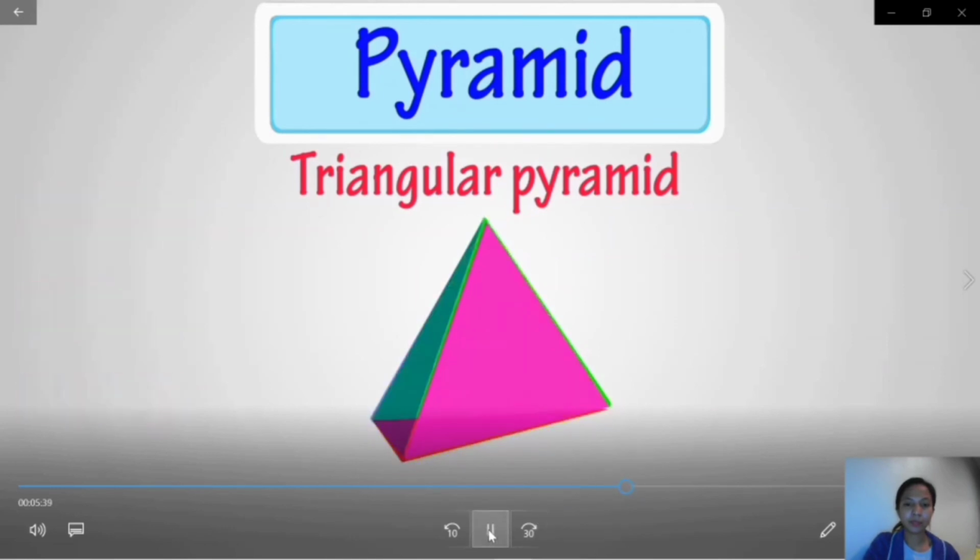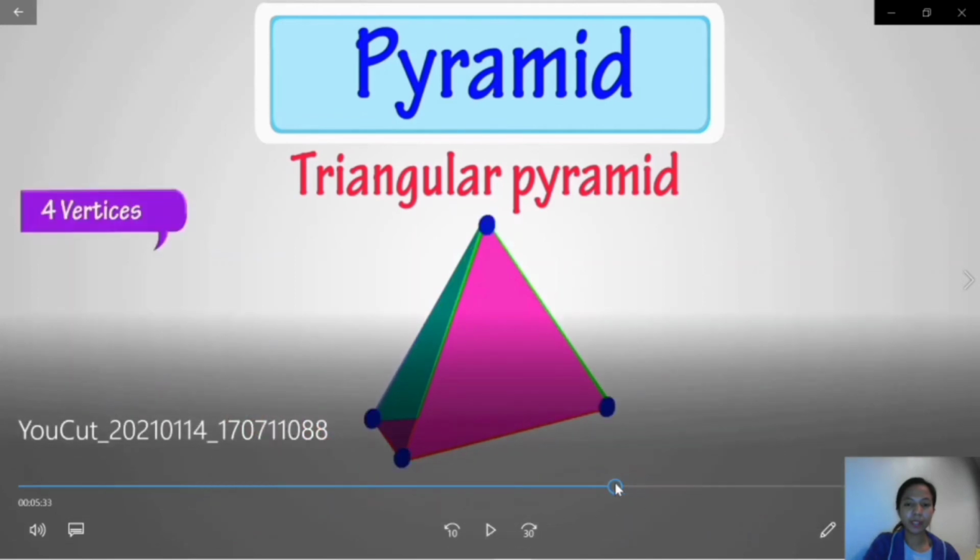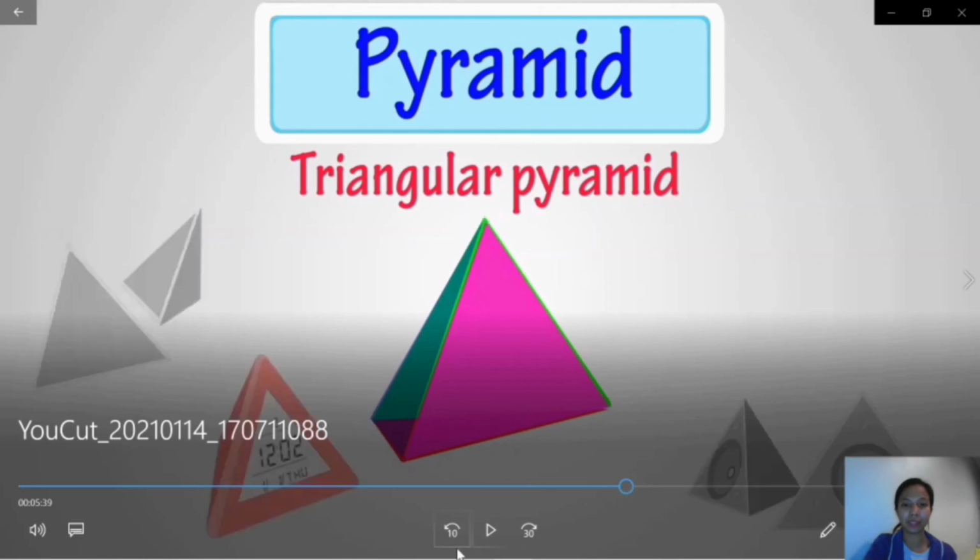Okay, 1 here, the green flat surface, the pink in front, and the one at the back. So 1, 2, 3, and then 4 here on its base. That's why it has 4 faces. Understand?